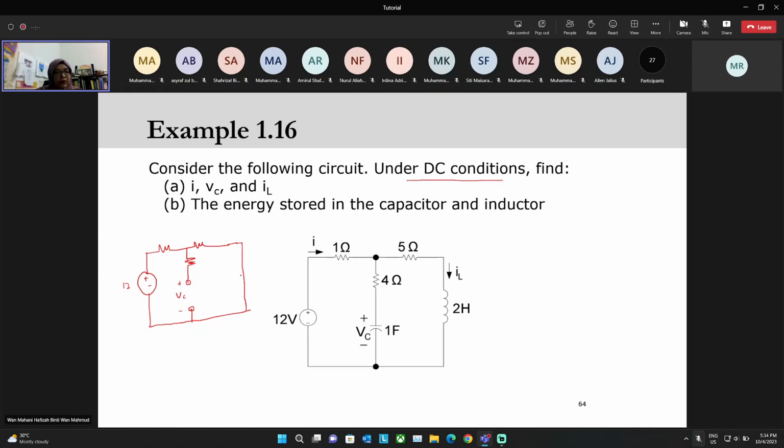Short circuit, so maksudnya you sambung lah short, macam guna satu wire tanpa apa-apa. So this is your inductor kat sini sekarang, and then this is your IL. This is your I, and then this is your VC. Okay, ini label yang you perlu cari.